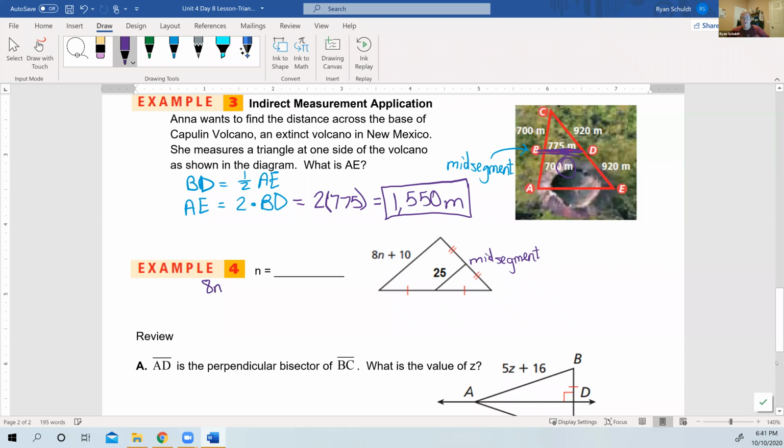So 8n plus 10 equals 2 times 25, which means 8n plus 10 is equal to 50. Subtract our 10. We get 8n equals 40. Divide by 8. And n is equal to 5. Is that all they ask us to find? Yep. Just find n. So n is 5.